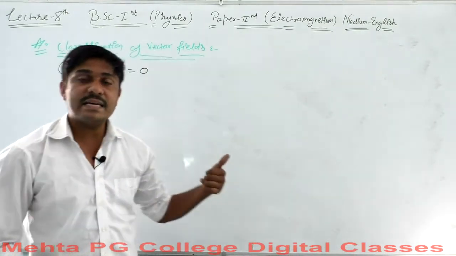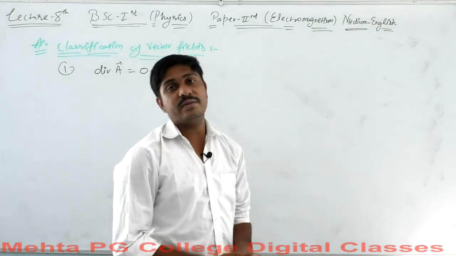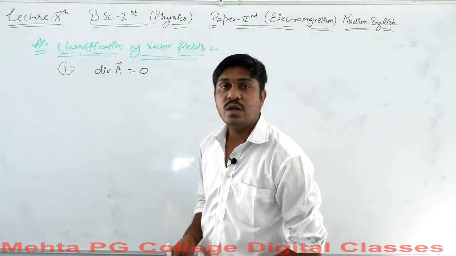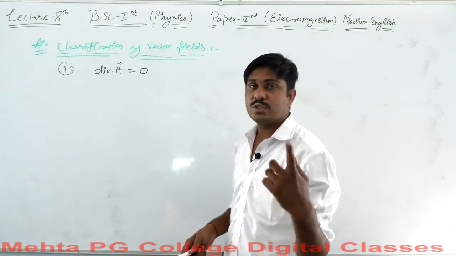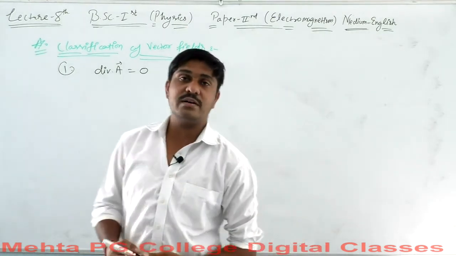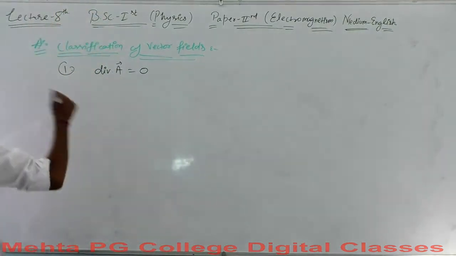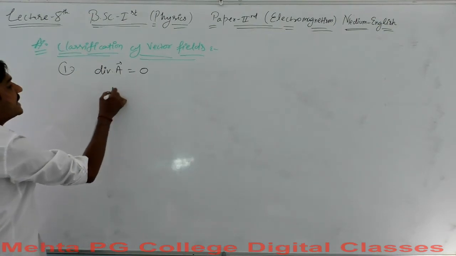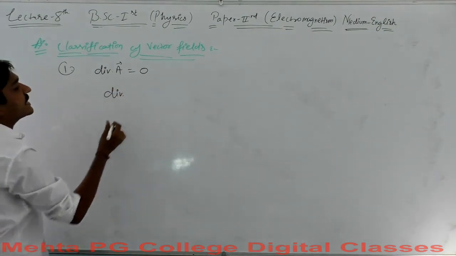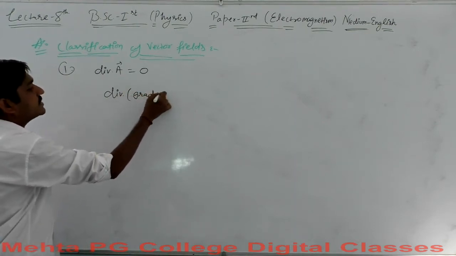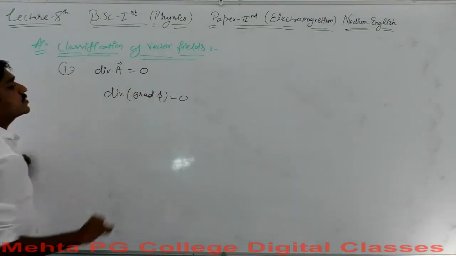So why will the divergence approach 0 for this particular vector field? Let's see. If you remember the vector identity, the divergence of the gradient of some function equals 0. You say divergence of gradient of phi will approach 0.